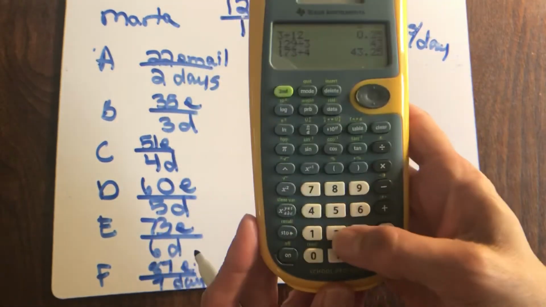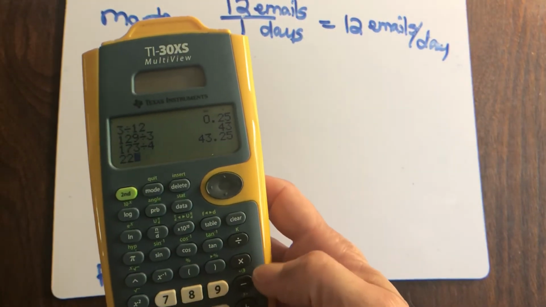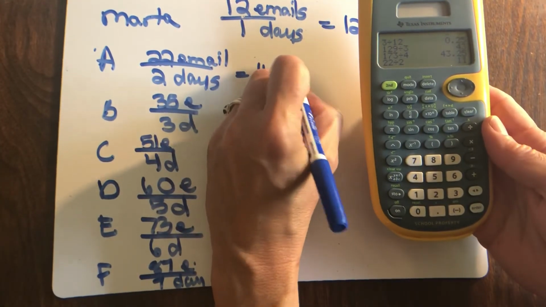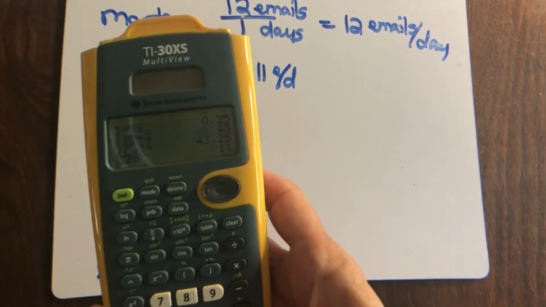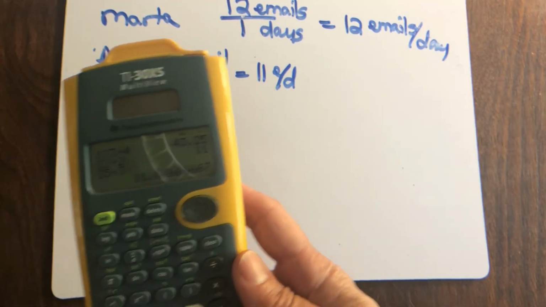So what you do is you take this to your calculator and you work every one of these out. Yes, it is a pain. I'm telling you right now. 22, now you could do some of this in your head, okay? But 22 divided by 2 is 11. That's emails per day. 35 divided by 3. Notice I don't clear the calculator.